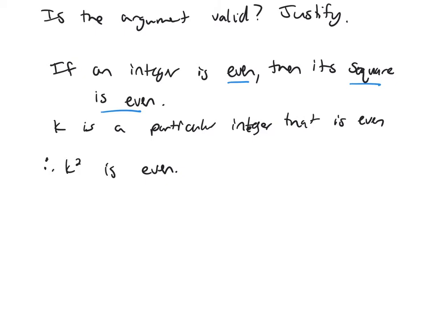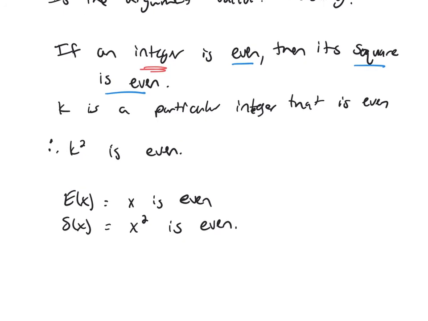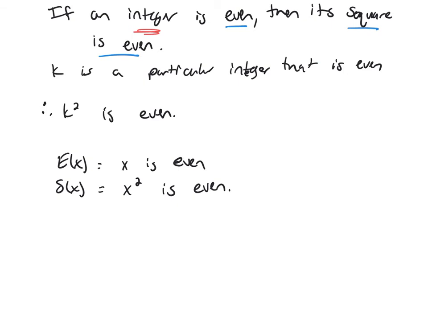So we're going to use E(x) to mean that x is even. We're going to use S(x) to mean its square, x squared, is even. So now let's translate this. The objects I'm talking about are integers, so my universal part will be for all x in Z. And then what did it say?